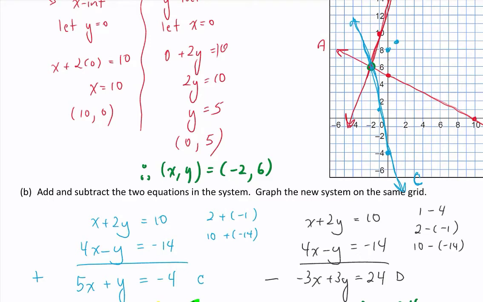So let's go down 1 into the left one, and notice even line D goes through the same point of intersection. The point of intersection of negative 2 and 6. So we added and subtracted the equations from above, and it made us two new lines that go through the same point of intersection.